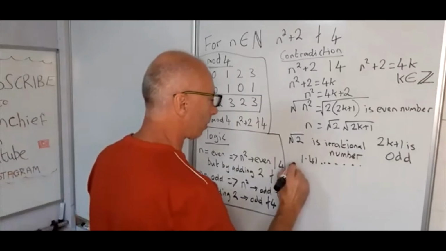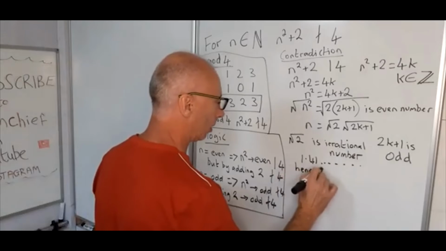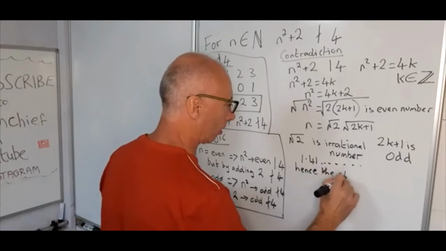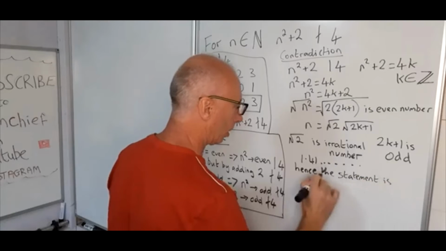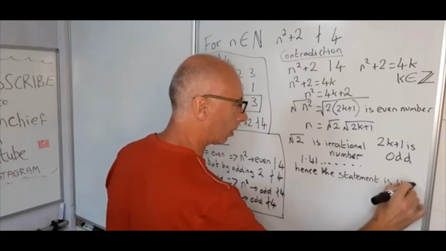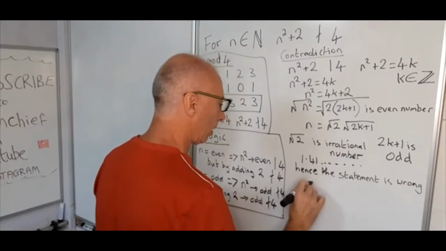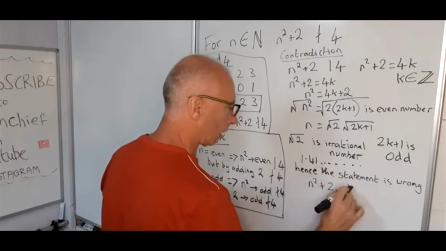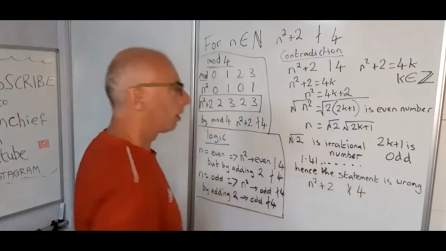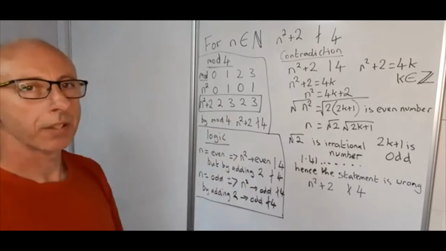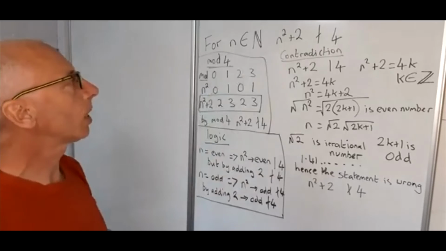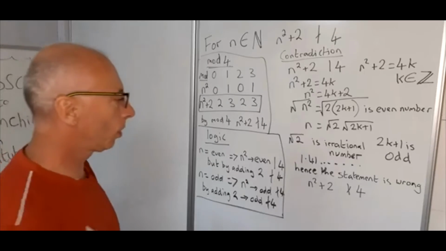So hence the statement is wrong. So n squared plus 2 is not divisible by 4. And there's 3 good methods there to show that this function here is not divisible by 4.